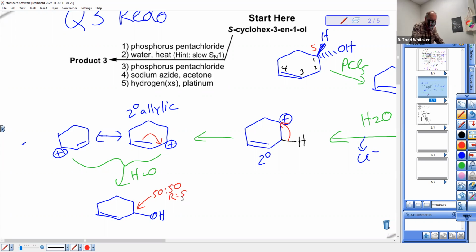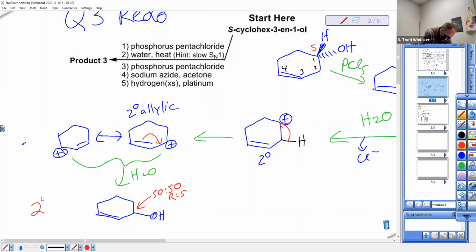If there were 2 stereocenters, you'd make a 50-50 mix of 2 diastereomers, not enantiomers. But I know there's only one stereoisomer here, so yes, your answer was cool. She said a 50-50 mix of enantiomers. So that is just step 2, people. That is the end of step 2.